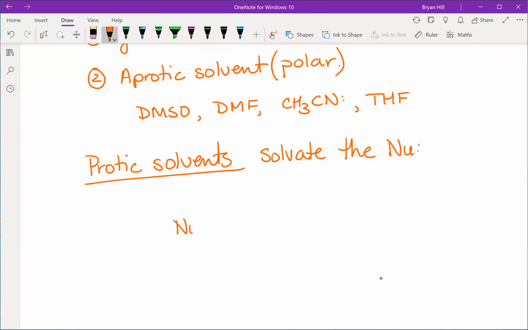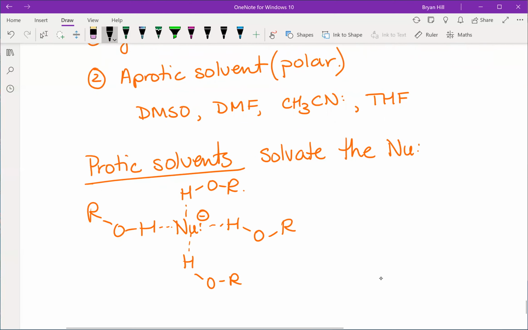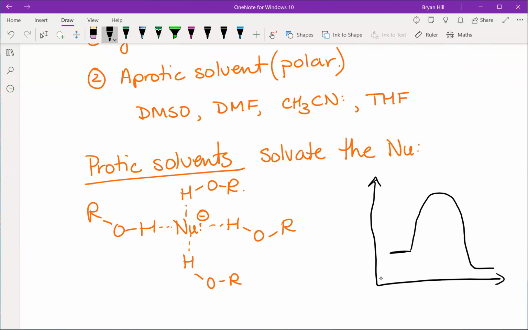So if you're Mr. Nucleophile or Mrs. Nucleophile, and we'll just call this R here, if you're solvated by all of these hydrogen bonds, you've got to shed that solvent sphere before you can attack the electrophile. And so on an energy diagram, a solvated nucleophile is lower in energy. And so the activation energy you have to come over is going to be higher.